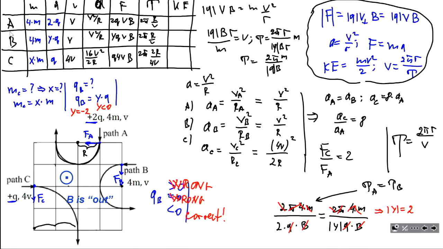Again, if I look at the periods, we can make a conclusion that the period of C is equal to, so please tell me, in terms of the period for particle A, what should I write?